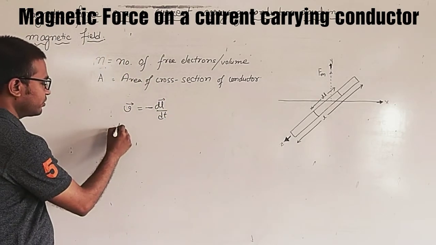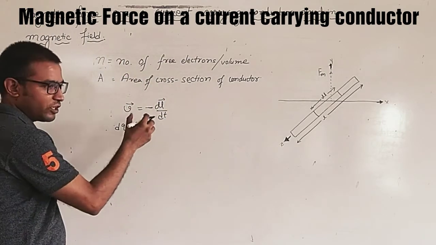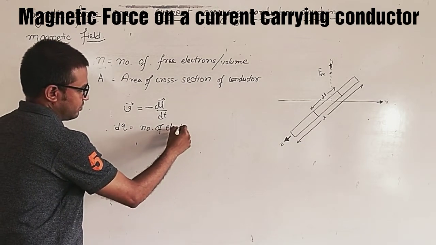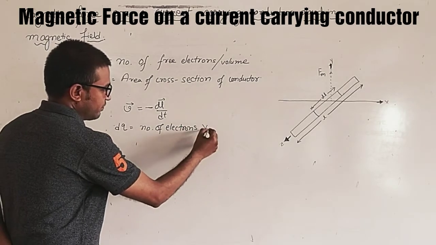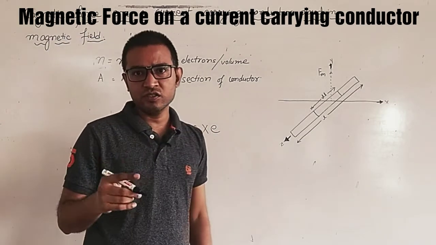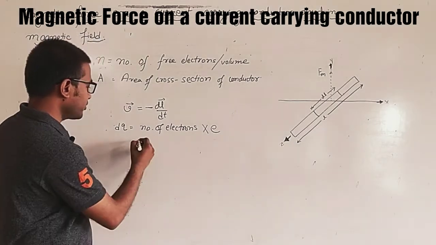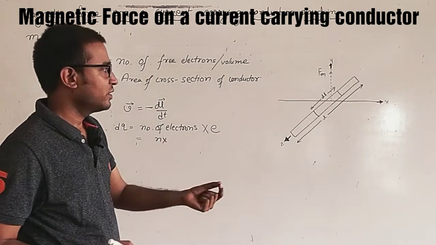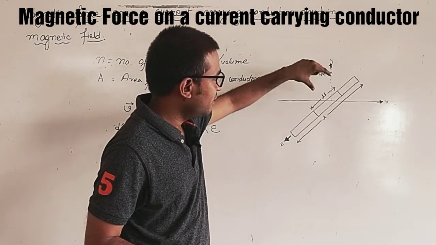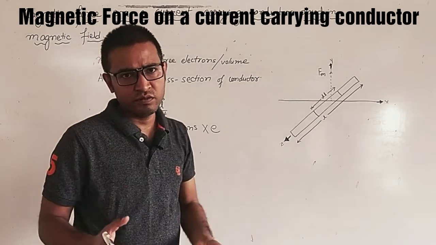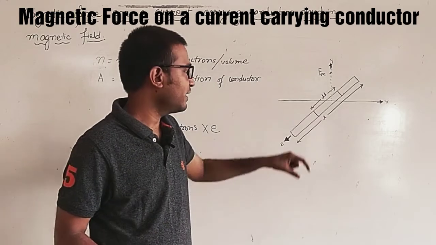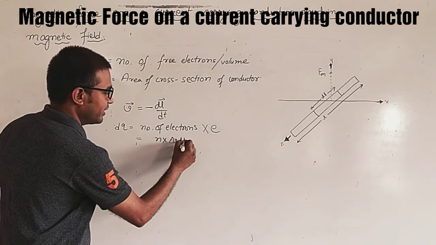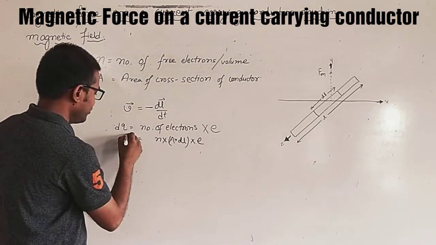So dq must be equal to the number of electrons into the charge on one electron. The number of electrons will be the number density n into the volume. This elementary volume is area into length, here A into dl. We will use this expression later on.